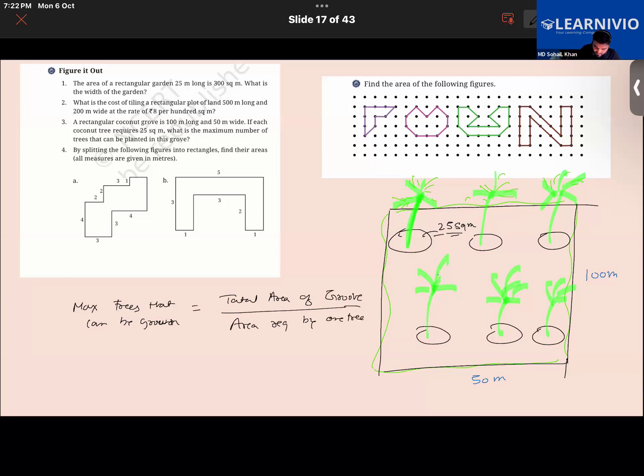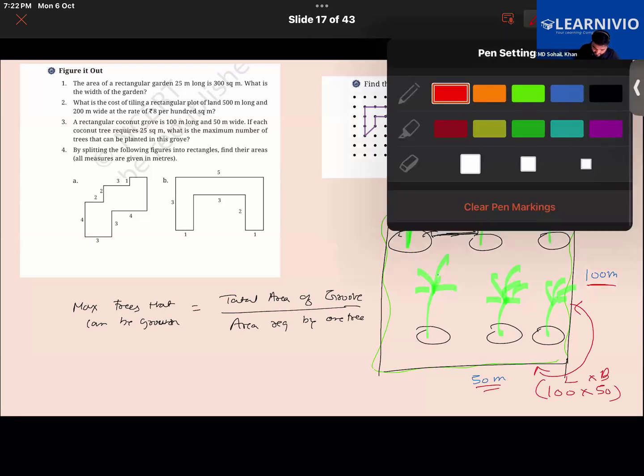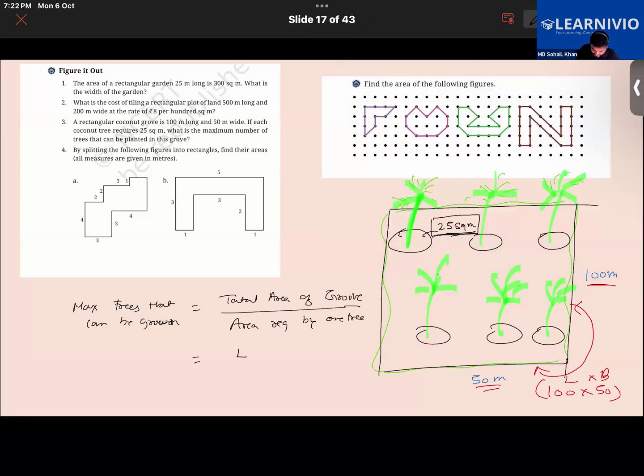How much area is required by one tree to grow? 25 square meters. What is the total area? It will be length multiplied by breadth, 100 by 50. So all you have to do is put the values here, length into breadth, and here will be the area that is already given as 25 square meters.